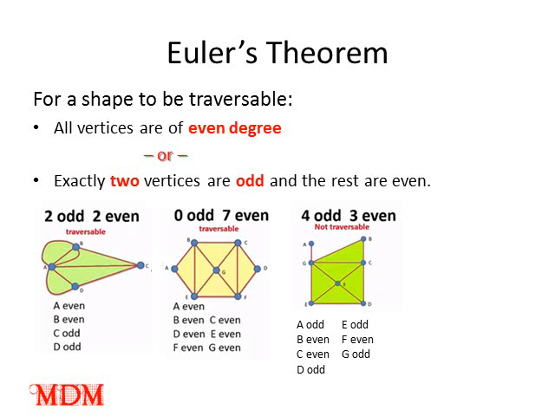For the third one and the fourth, we said those were not traversable. Notice that for the third one, there are 4 odd and 3 even. And that does not meet the condition of all vertices are of even degree. It does not meet the condition that exactly 2 vertices are odd and the rest are even.